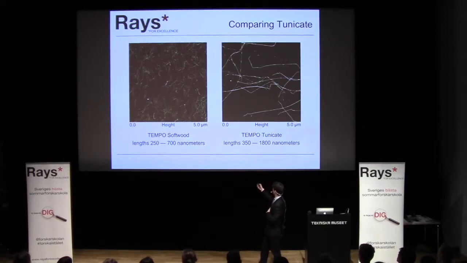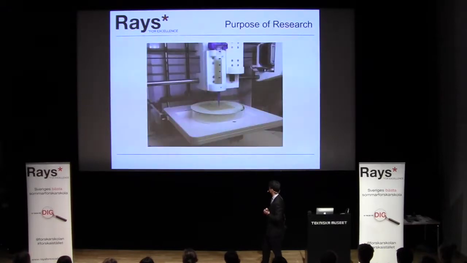As you can see from the microscope images right here, tunicate clearly has much longer fibers than softwood. Theoretically, this means that we can use the fibers from tunicate as a foundation to make films or objects out of cellulose nanofibers.